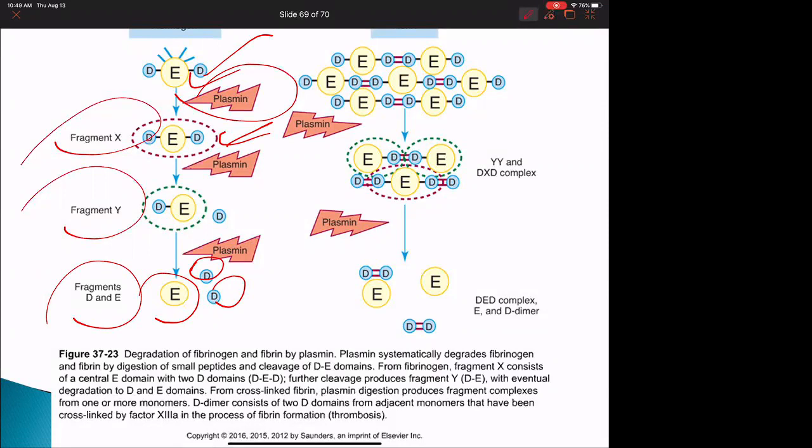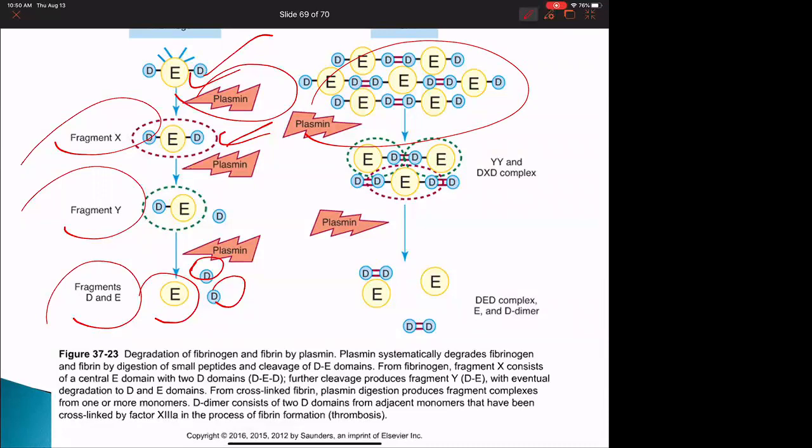Now, from the cross-linked fibrin, its digestion produces fragment complexes from 1 or more monomers, okay? And D-dimers, right over here, consist of 2 D domains from adjacent monomers that have been cross-linked by activated factor 13A in a process of fibrin formation or thrombosis.